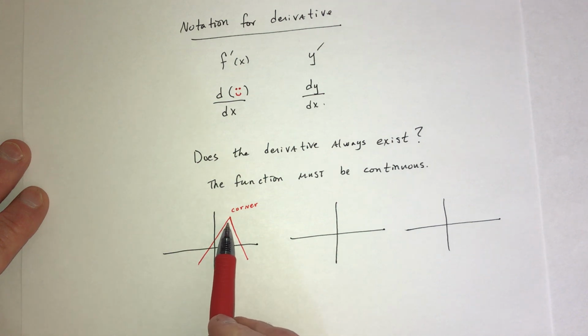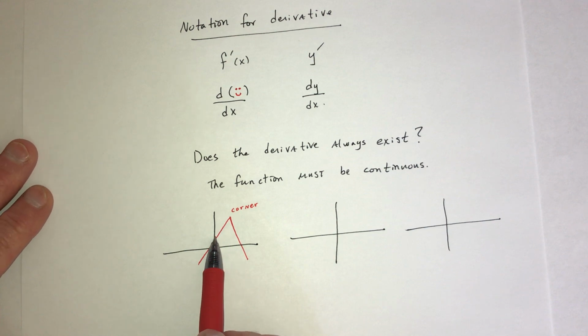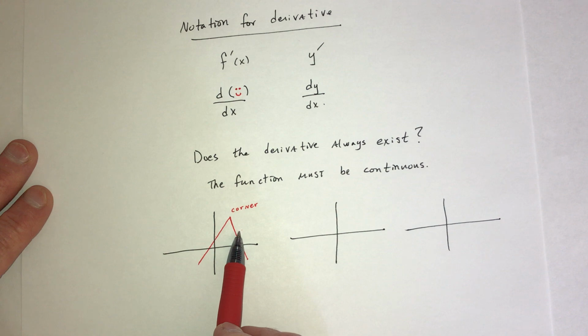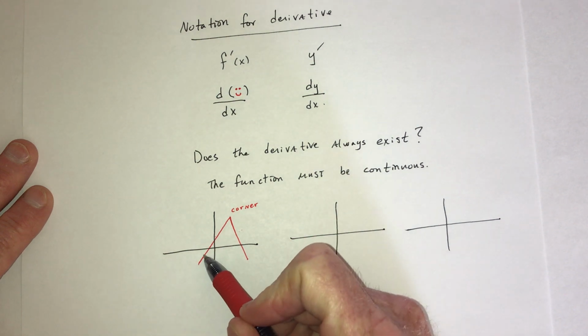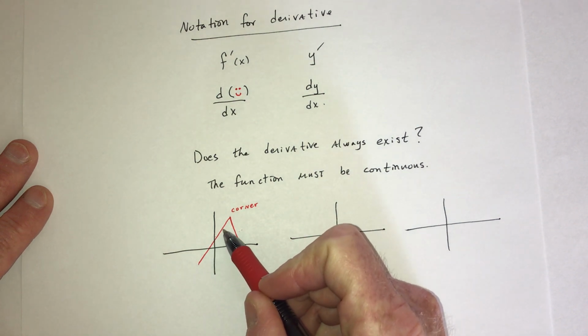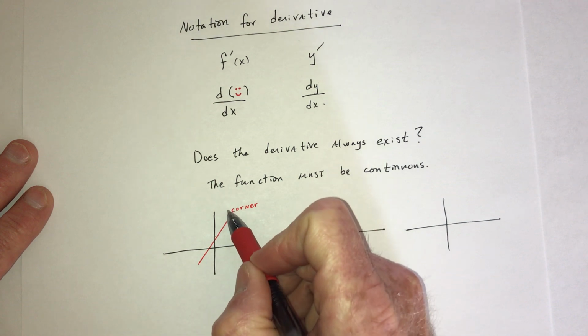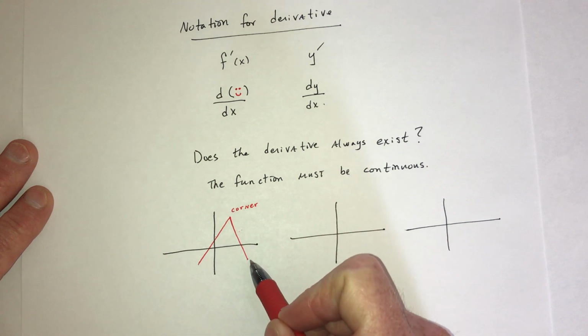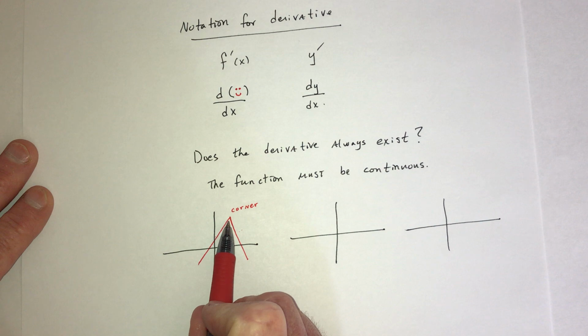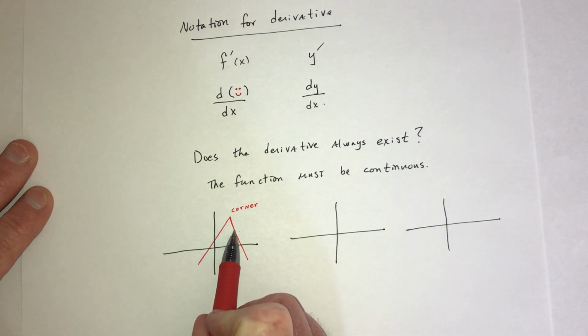The reason is the definition of the derivative is that it's a limit, and the left side and the right side have to agree. Well, with this one, this has a slope of approximately positive 1. And on this side, the slope is approximately negative 1. So at that point right there, is the slope positive 1 or is the slope negative 1? It cannot have 2 answers.